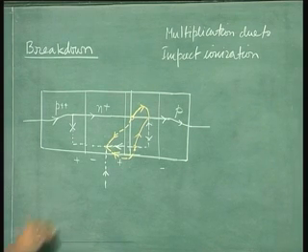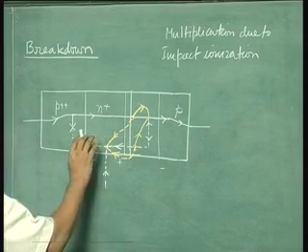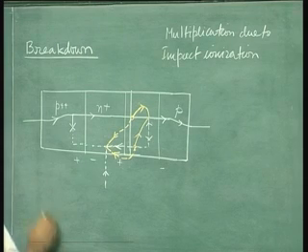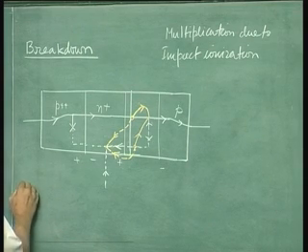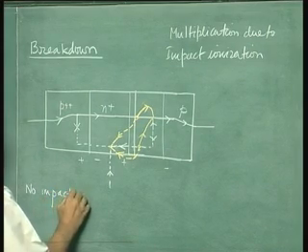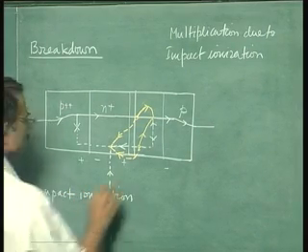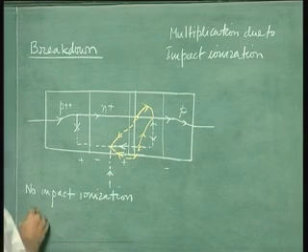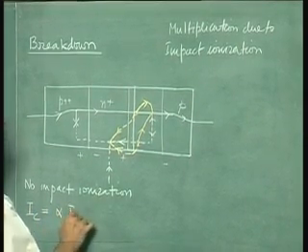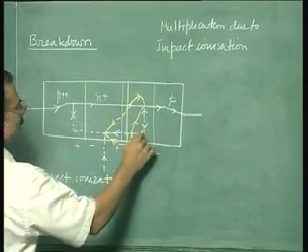Now we can write this in the form of an equation as follows. So when there is no multiplication or impact ionization, we can write as follows. So no impact ionization. Your equation is IC is equal to alpha times IE plus IC naught. That is this white line and this white line.